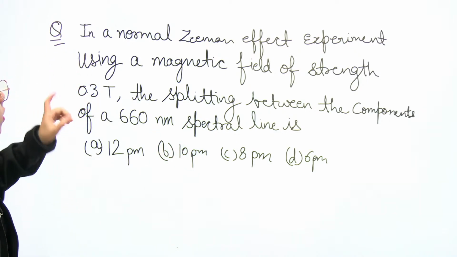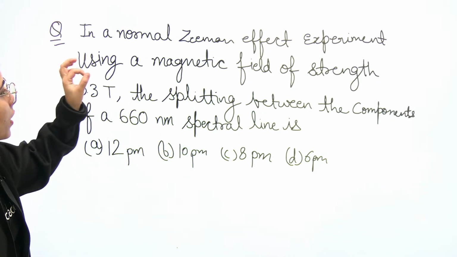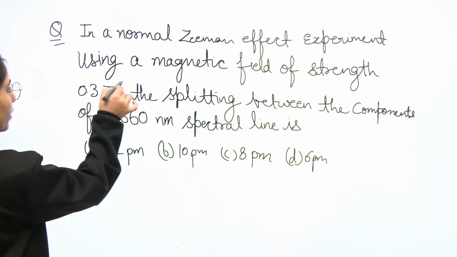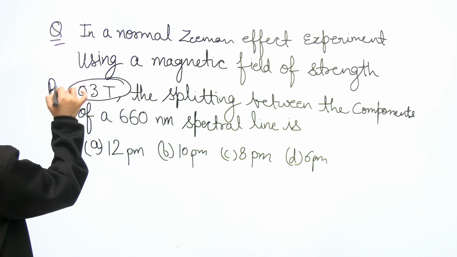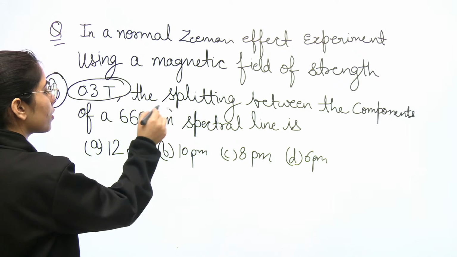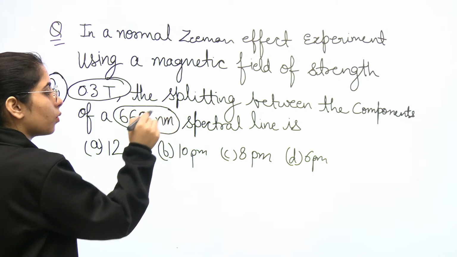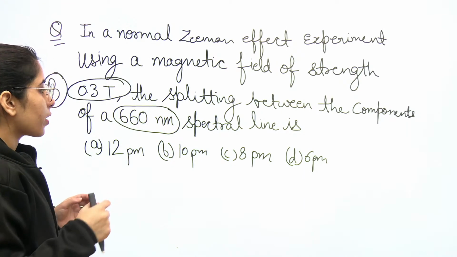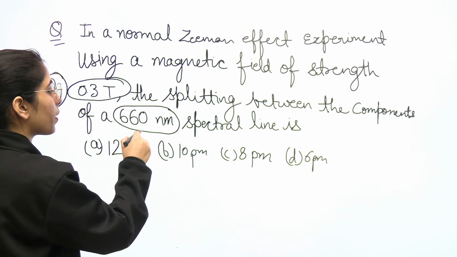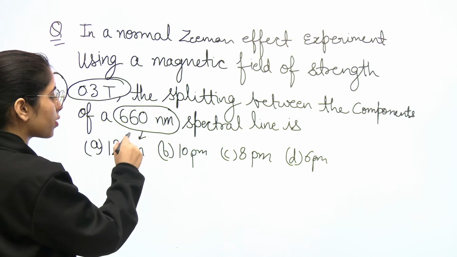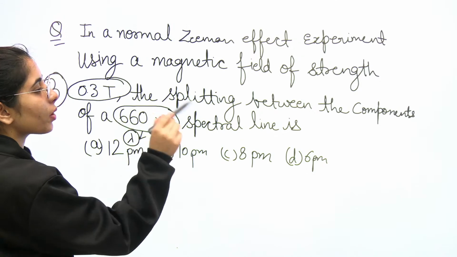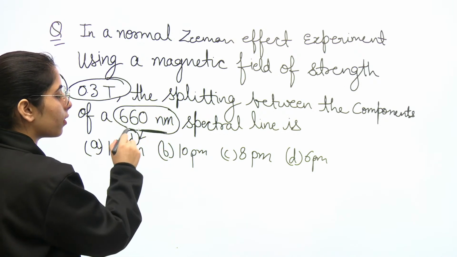So the magnetic field value given to you is B, and the wavelength given is 660 nanometer, the spectral line. You need to find the splitting between the components of this spectral line.